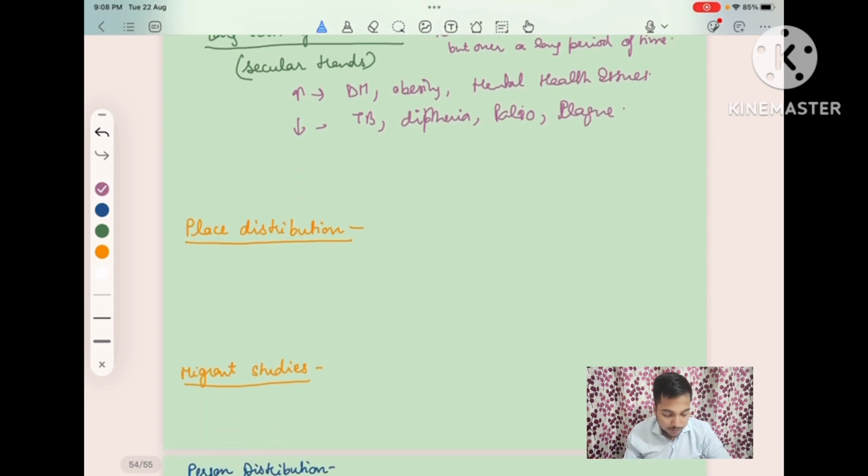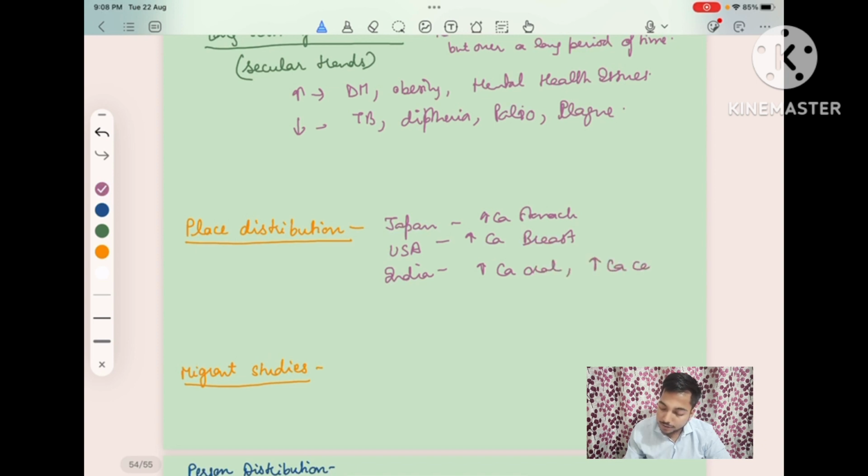Then comes place-wise distribution. There are certain diseases which are common in India, certain common in Japan, USA, etc. So in Japan you can get increased cancer stomach, whereas in USA you have increased chances of CA breast. And in India you have increased chances of CA oral and CA cervix.